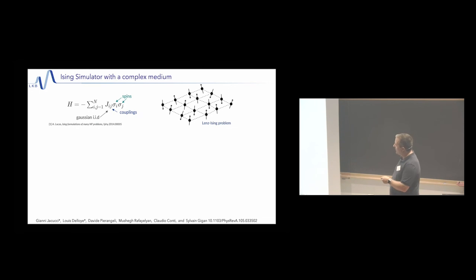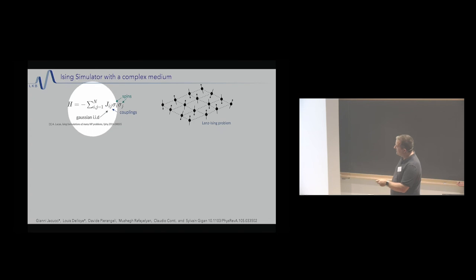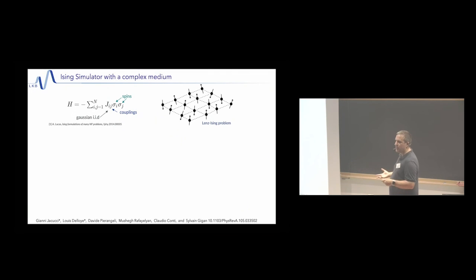Ising is really this problem of finding the ground state of a Hamiltonian, where you have some coupling coefficients and some state, for instance plus or minus 1, of given spins. Of course, this is a very general problem that you can map to many machine learning problems.